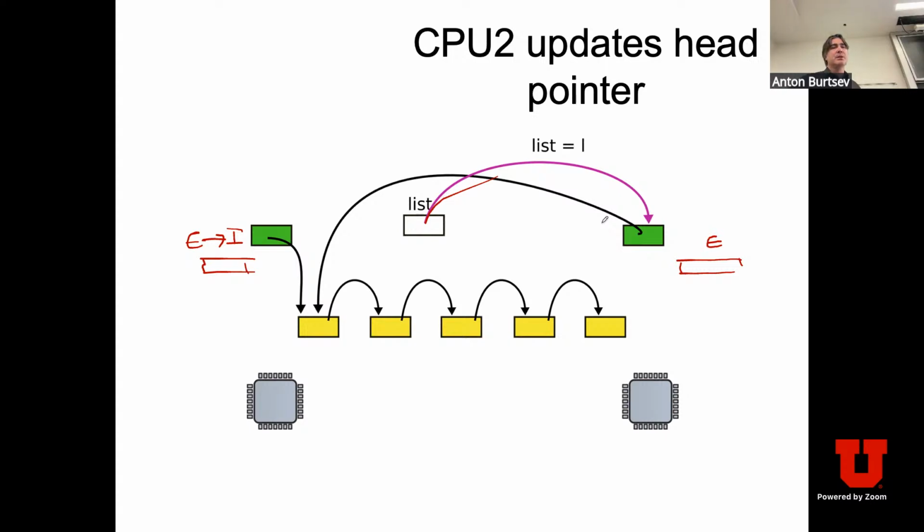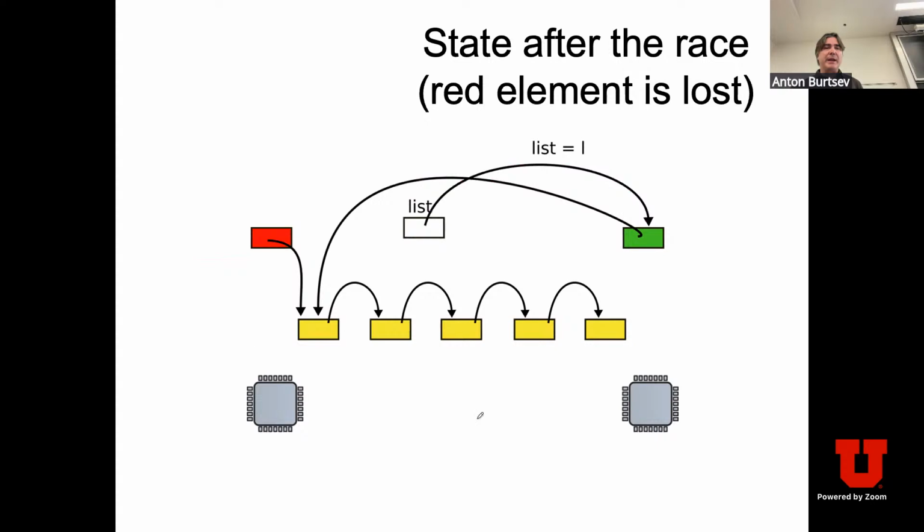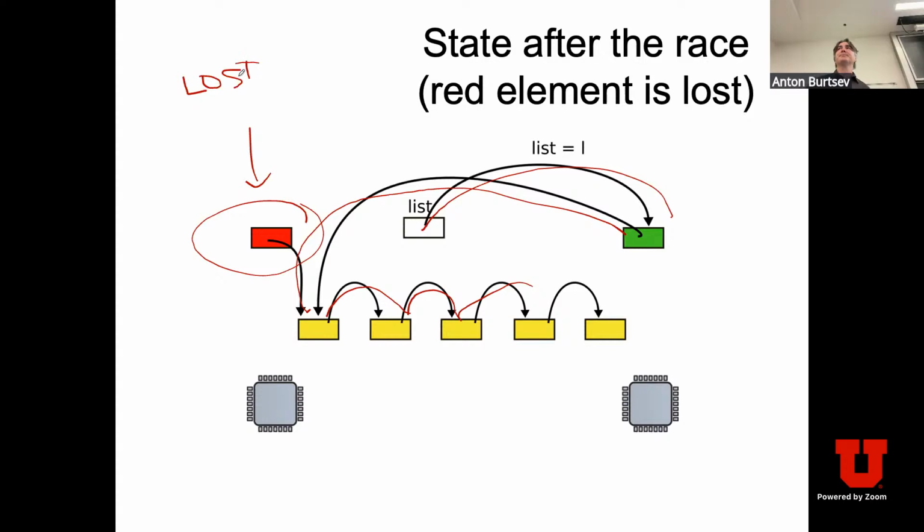It's got this extra element that nothing points to, it's kind of lost. Correct. So this element is not on the list. If you traverse the list, starting from the head, following these pointers, this element is lost. Do we agree with this? So we just lost the element. The CPU added it, but there was a race condition, as you say, and really this element is nowhere on the list, right?